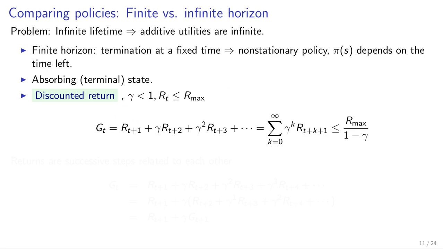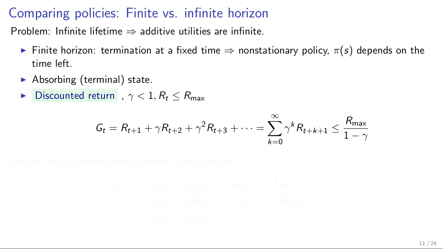And the more in the future they are, we basically multiply by gamma to the power of the number of time steps into the future. So it's an exponential decay. And the mathematical fact is that if something decays exponentially for gamma smaller than 1, this geometric series has a finite sum that is defined like that.